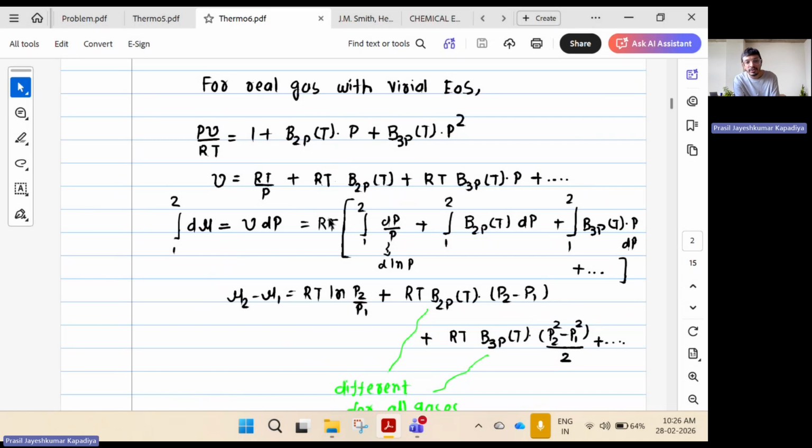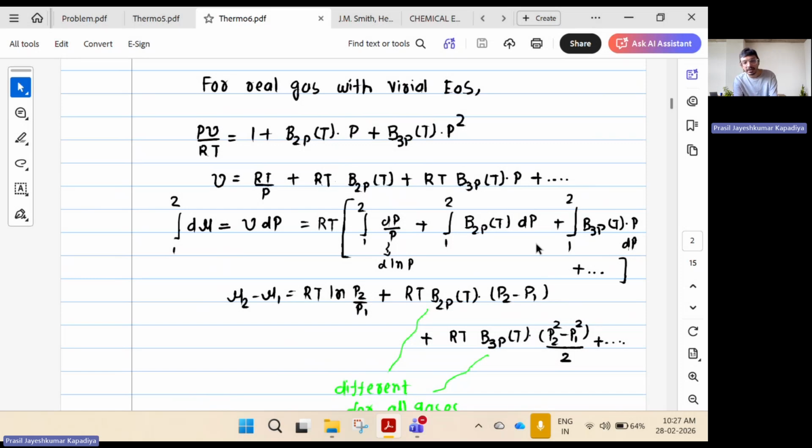So what are we getting? If I integrate it from P1 to P2, let's say first step by step integration from 1 to 2, RT I'm taking common because it is in all terms. So I'm writing RT common, integration of dP by P plus integration of B2P of T into dP plus integration of B3P of T into P into dP.